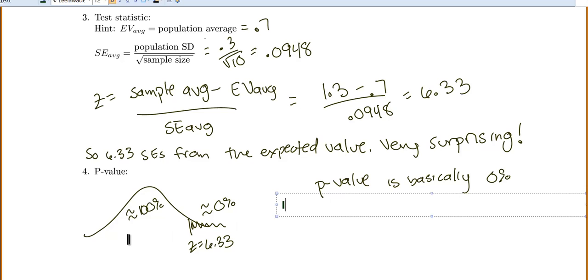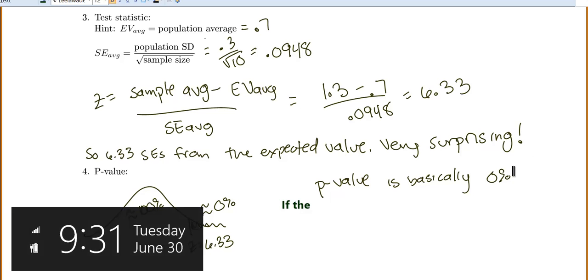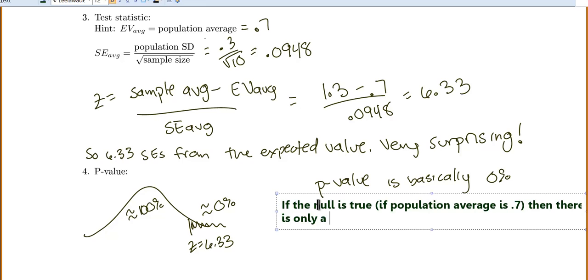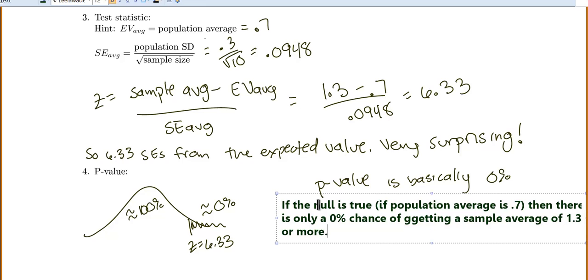What this means for us is if the null hypothesis is true, so basically if the population average is 0.7, then there is only, well, 0% chance of getting a sample average of 1.3 or more.